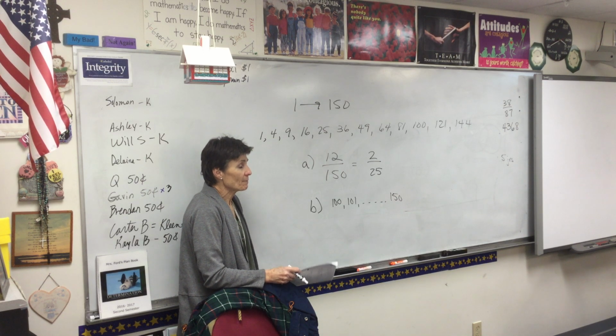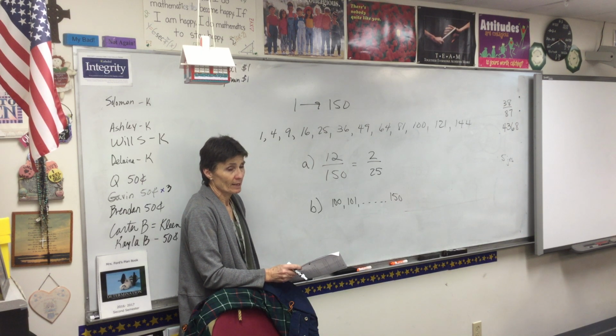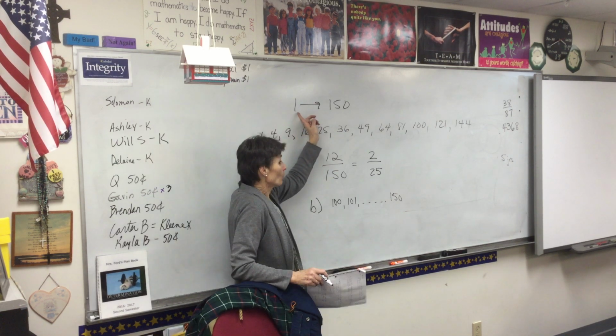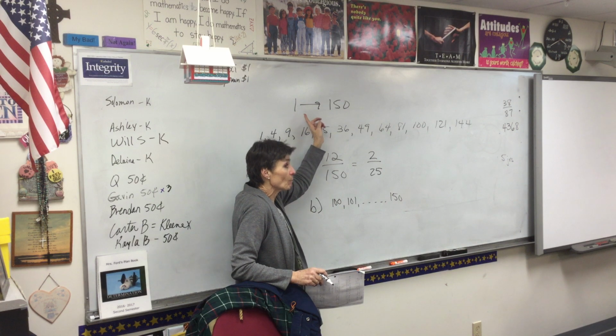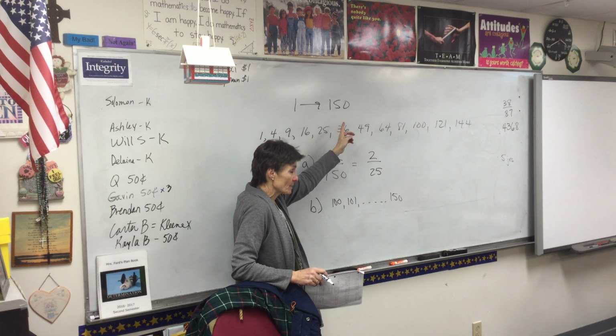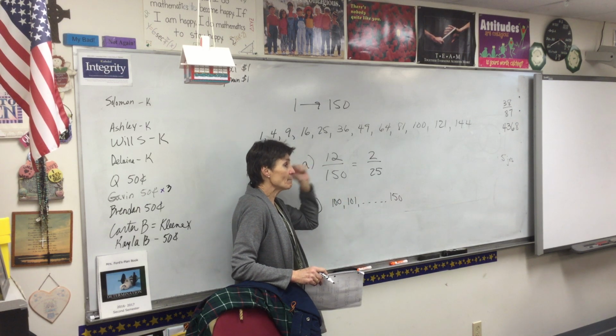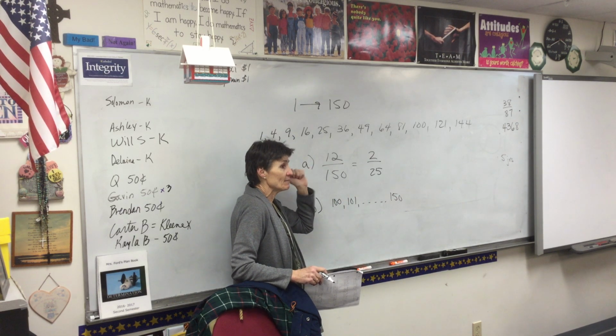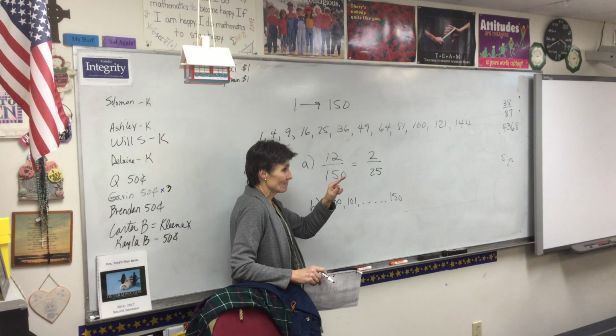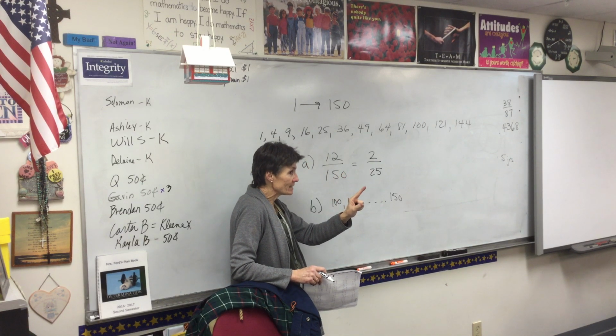I want you to stop and think about this for a second, okay? Open up your minds. We have potentially everything from 1 to 150. If I want 100 on, how many am I excluding? How many numbers am I leaving off? 99. I'm leaving off 99 numbers, right?